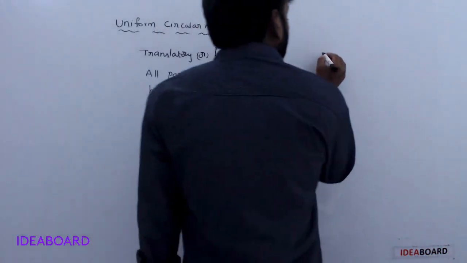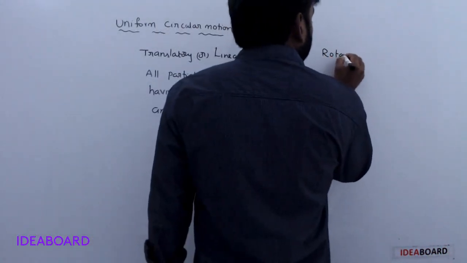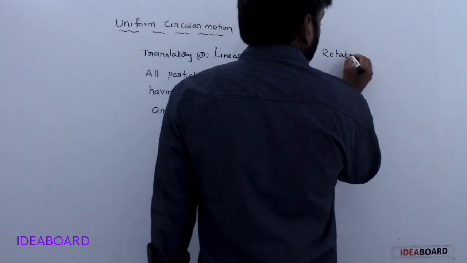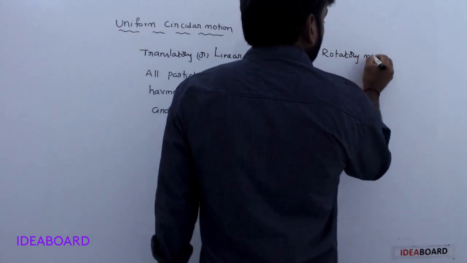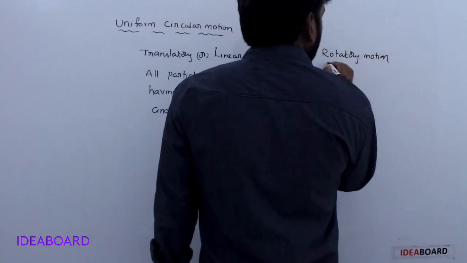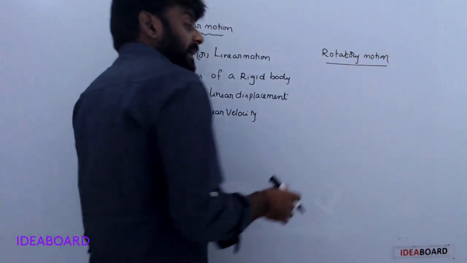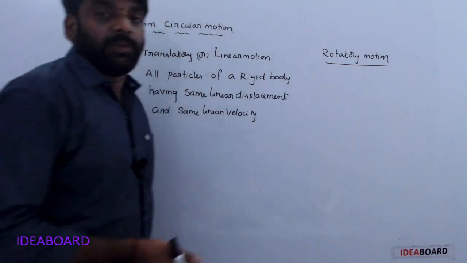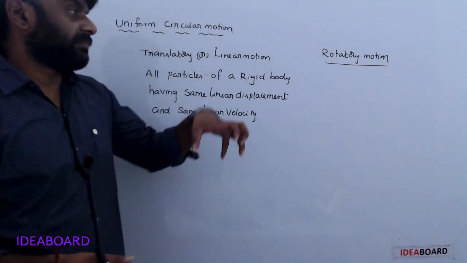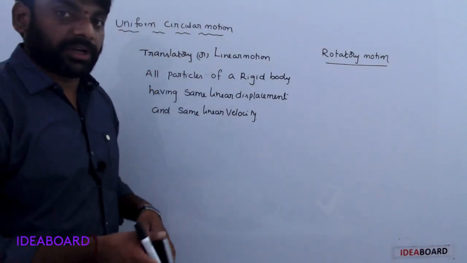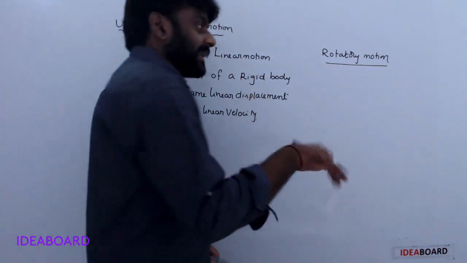Next, in rotatory motion, different particles of a rigid body rotate in a circle.